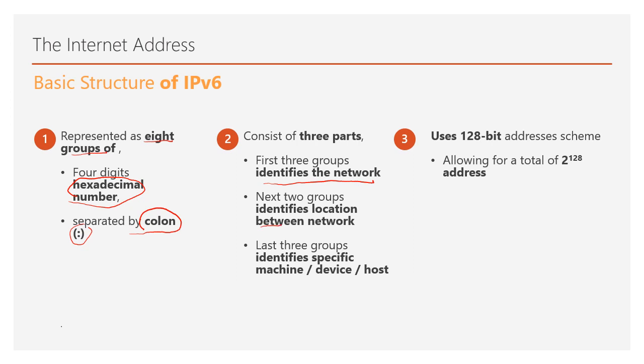The next 2 groups identify the location between networks, and the last 3 groups of the IPv6 structure identify the specific machine or device or host. So the first 5 groups actually identify the network. Now, IPv6 uses a 128-bit address scheme, which allows a total of 2 power 128 addresses.